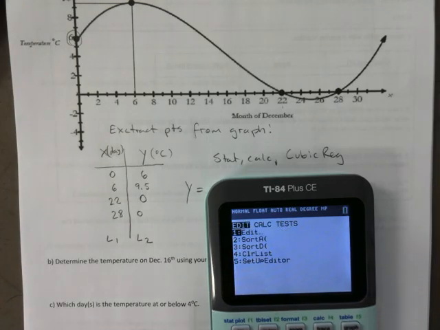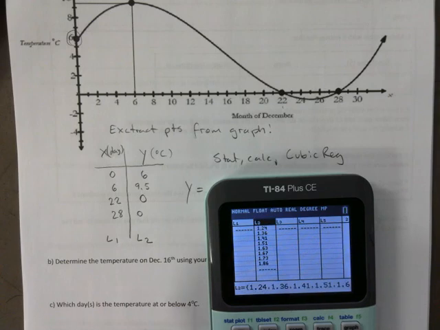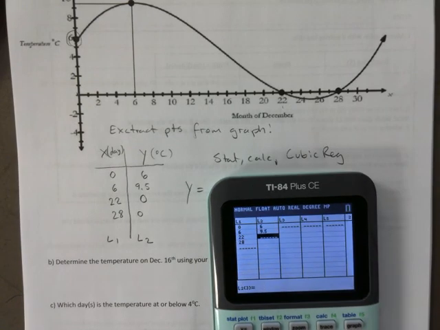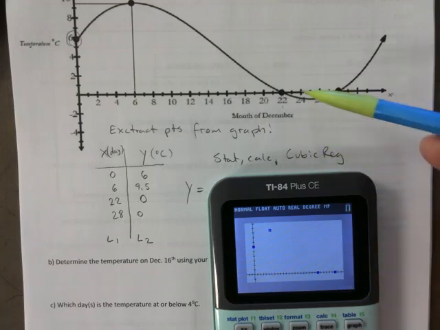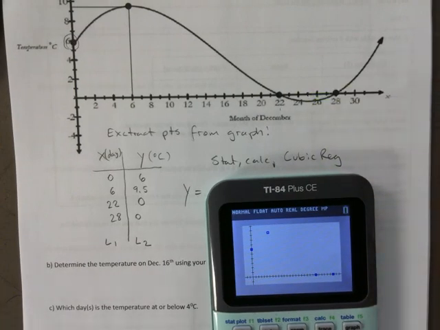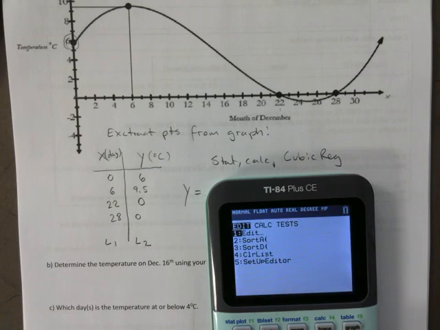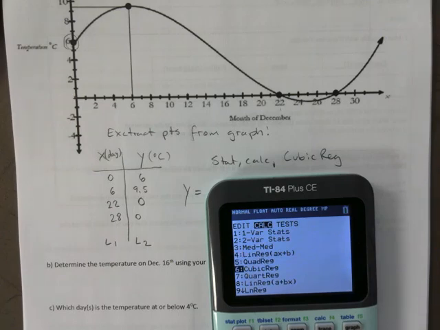Stat, edit. We can look at the scatter plot if we want. I'm going to go zoom 9. And it does reflect what we see on this graph, right? So we're good. Let's find the regression. Stat, calculate cubic regression.